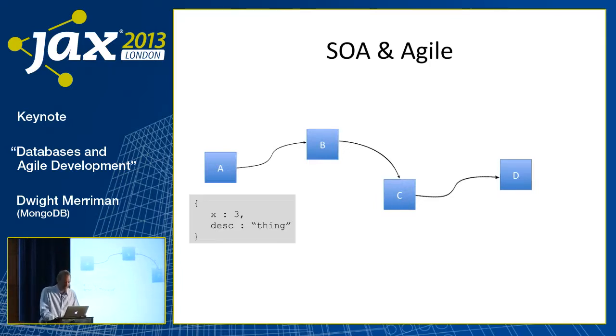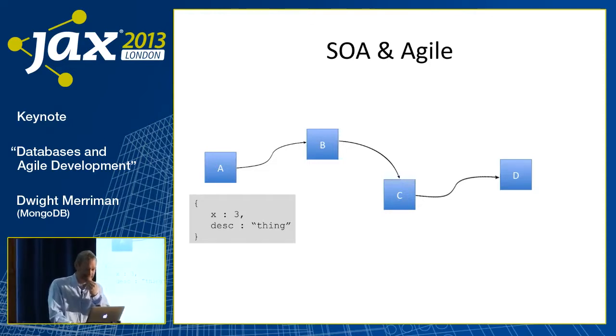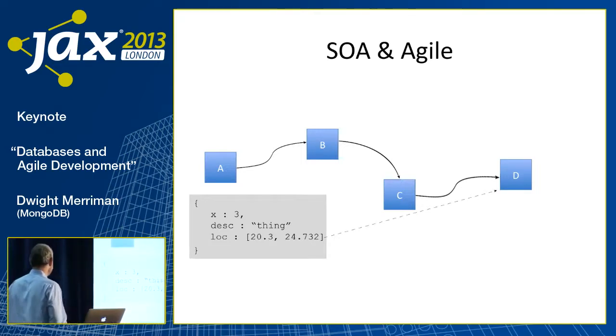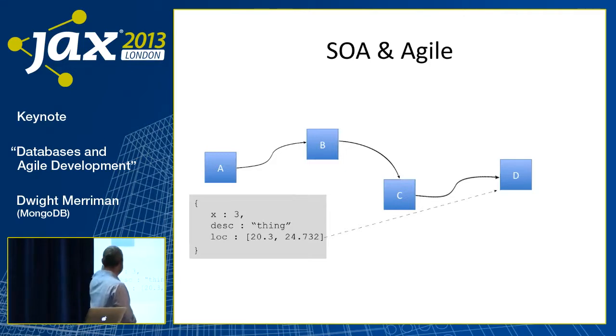And the question is, if we're iterating, suppose now that we want to add a new field to this object that's flowing through here. So we want to add this location field. Maybe we're doing something with mobile, and my example is just kind of gibberish. We add location. So we've modified service A to include that field in the documents it passes along.